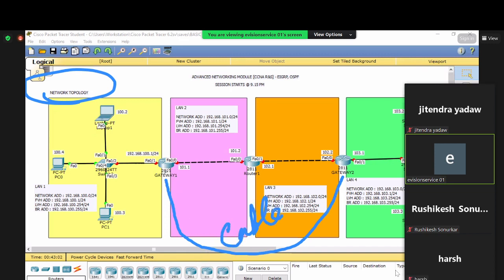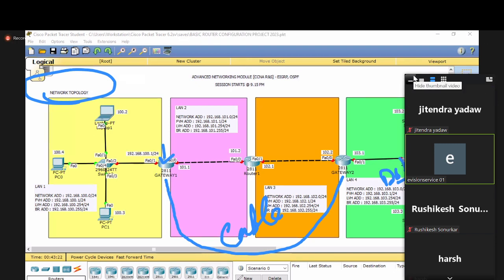Okay, there is a cable which is connecting gateway 1 and gateway 2. So right now, to communicate to LAN 4, which is the destination, this router is having two routes. One is the primary one, that is the direct from gateway 1 to gateway 2 to LAN 4. So that is your primary route.